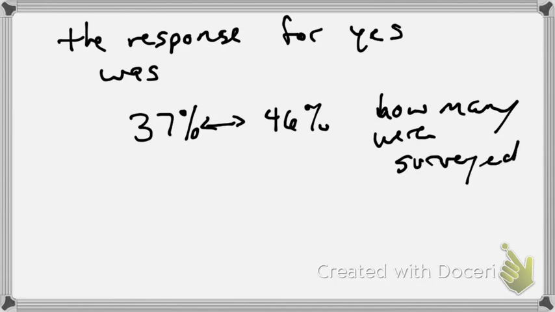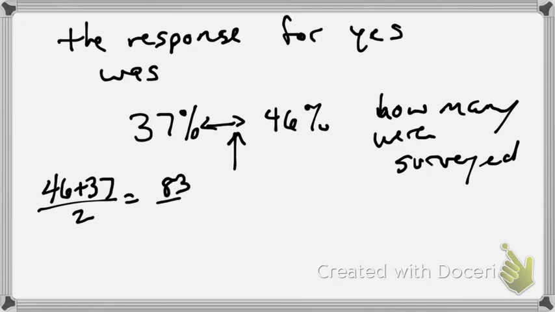If they do this, we just have to kind of reverse engineer. What we're looking for is we want to find the number directly in the middle of this, so the way that we're going to do that is by finding the average. So 46 plus 37 divided by 2. 46 plus 37 is going to give me 83, right? So 83 divided by 2 is 41.5%.